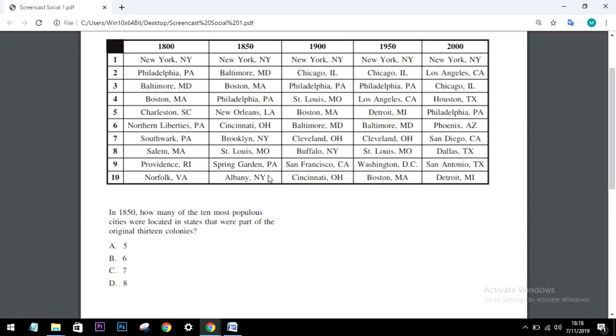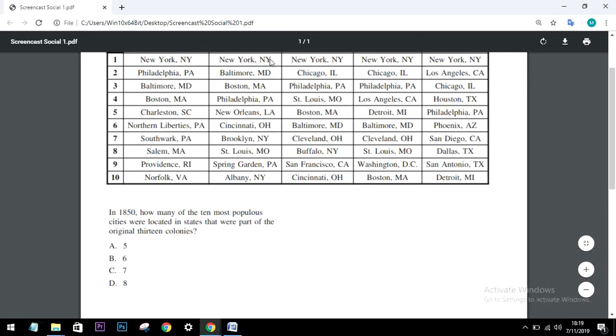So how many were part of the original 13? Let's count it. 1, 2, 3, 4, 5, 6, 7.